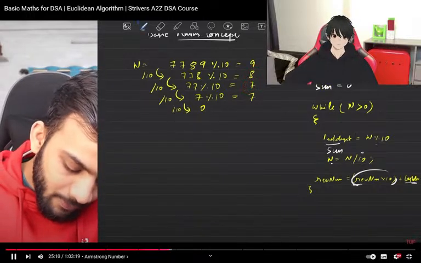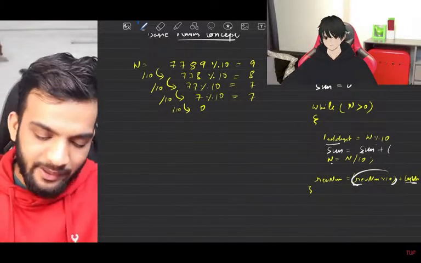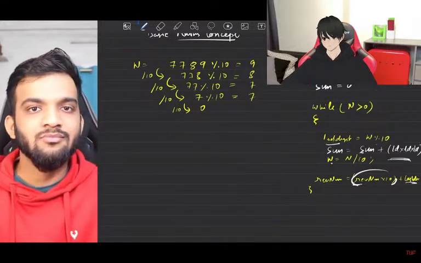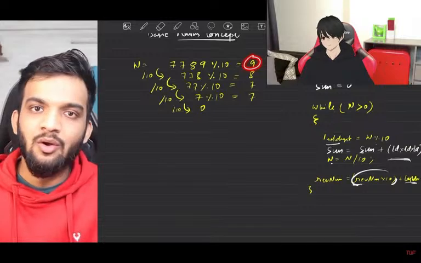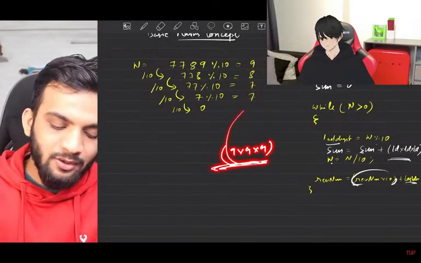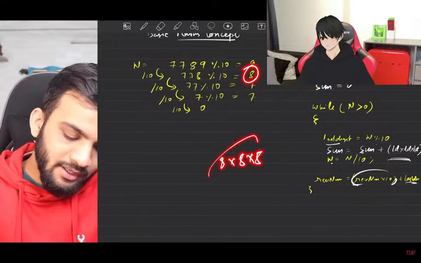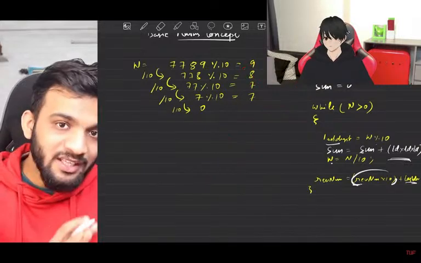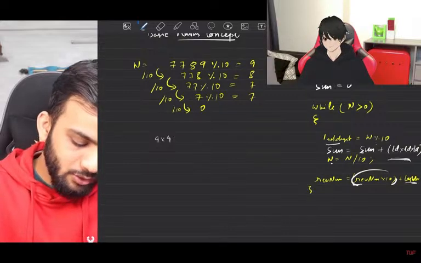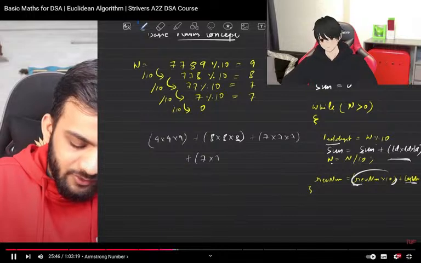Can I say sum equal to sum plus last digit multiplied thrice? Last digit into last digit into last digit. Can I do this? So first time 9 comes in, what happens? 9 into 9 into 9 gets added to sum. Next time 8 comes in, 8 into 8 into 8 gets added to the sum. So everything is getting added. Next time 7 came in, 7 into 7 into 7.